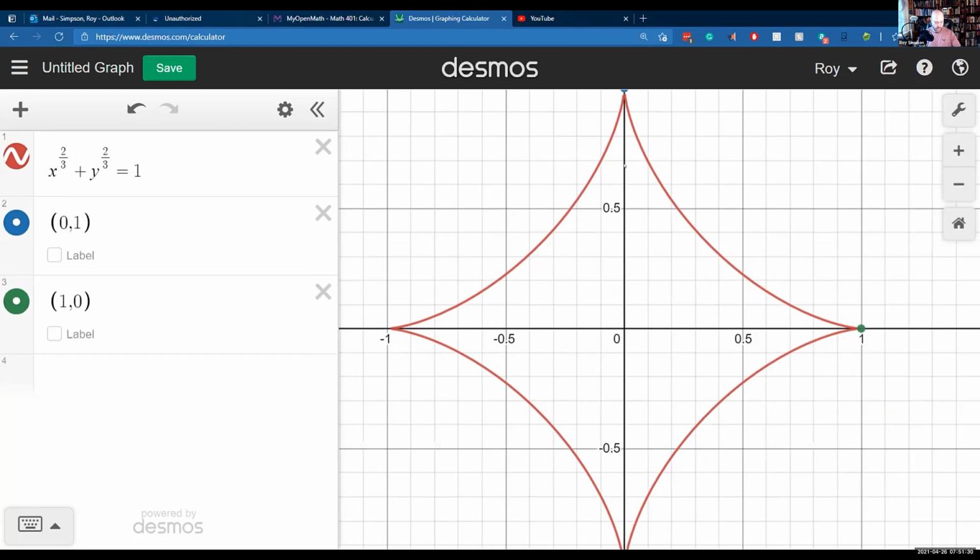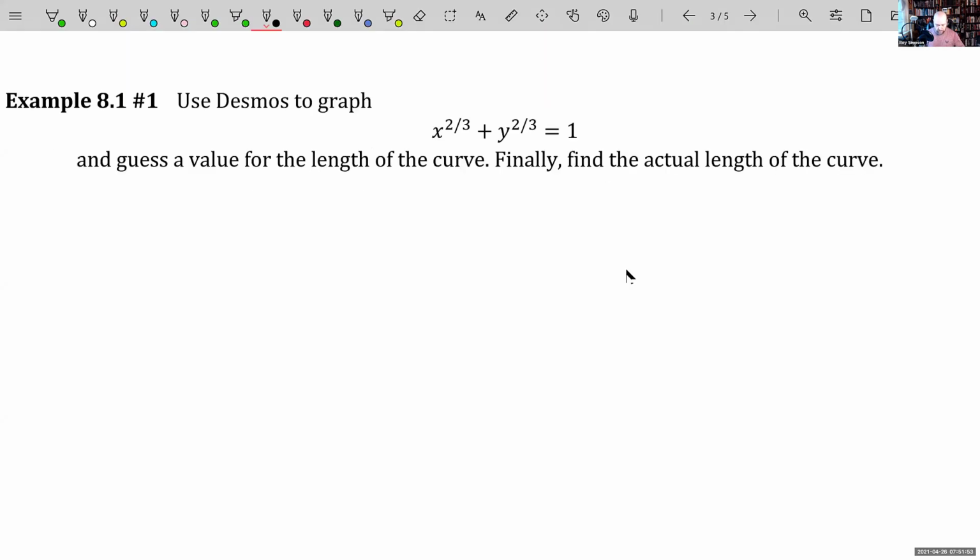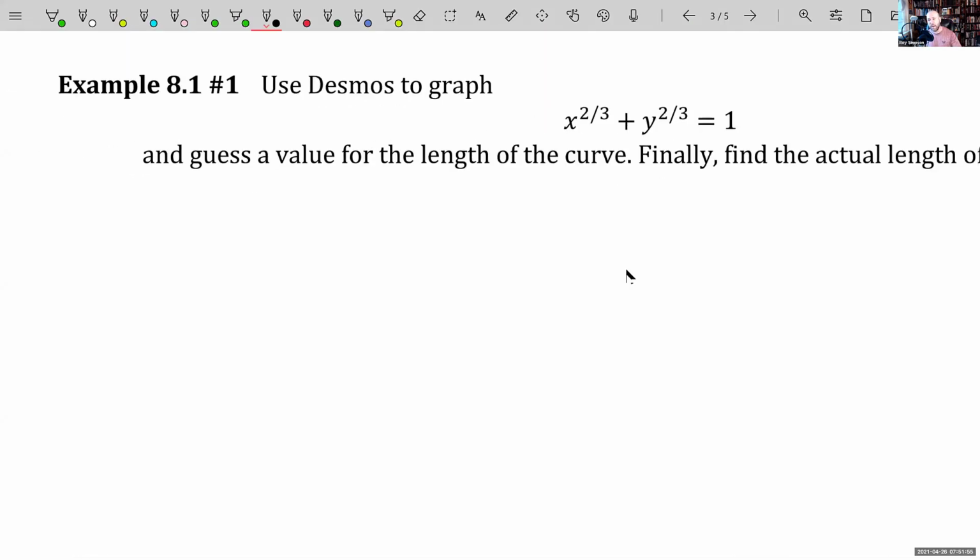So let me go ahead and hop back to my laptop and write that in there. So this is just a kind of a rough estimate.